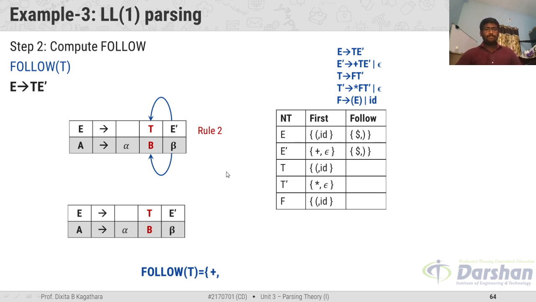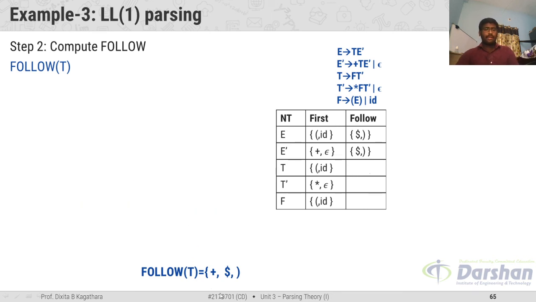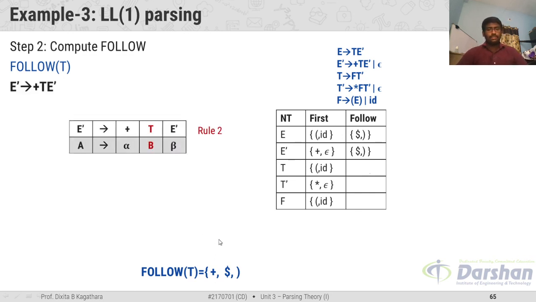So first, if it is E implies T E dash, and it is deriving epsilon, follow of E dash is equal to follow of E. That's why we will add dollar comma right parenthesis to the follow of T also. We are doing two things, rule number 2 as well as rule number 3 for follow of T.